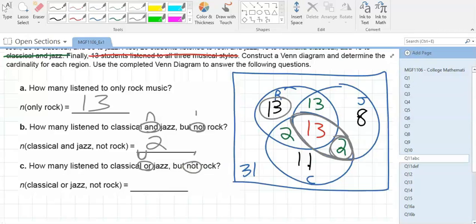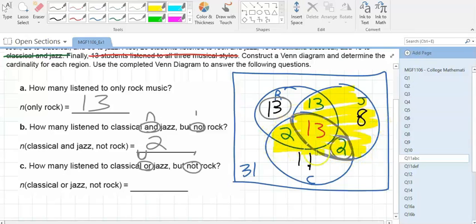So here, union means that we're talking about everybody in the jazz and classical circles. But we're throwing out some of these numbers.